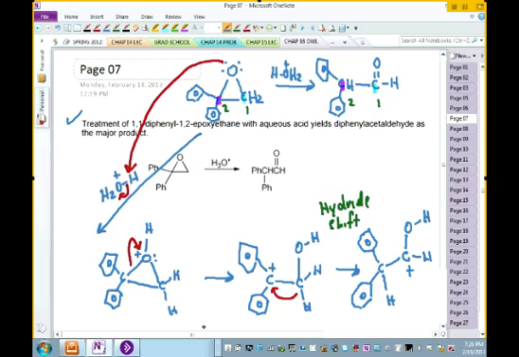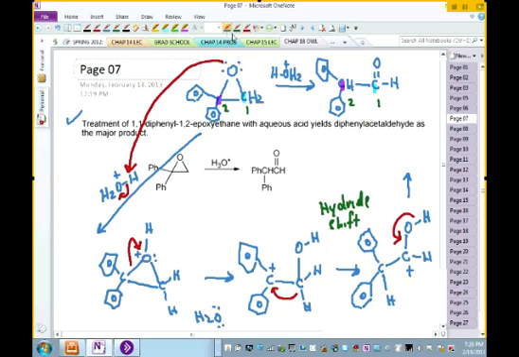Okay? So keep in mind also we know that water is formed right here. Now this water here can come back and grab this here. In so doing, what are we going to get? We now have the carbonyl.